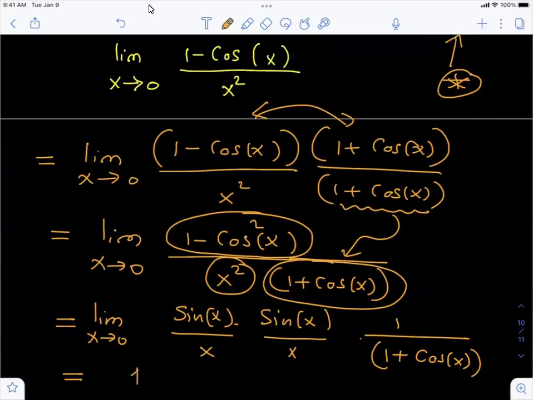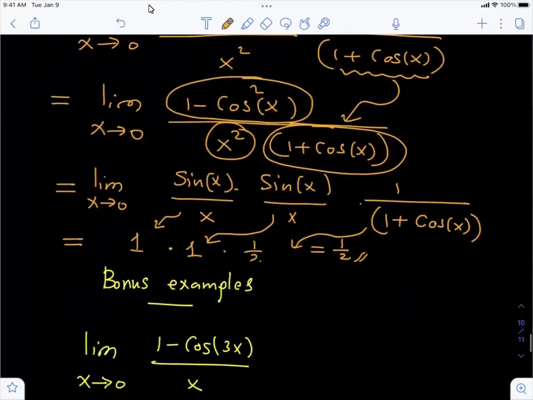So now 1 coming from this, and then the second one will give again another 1, and the third term will give you a 1/2. So when you multiply all of them together, you're going to get just 1/2. So now, these are a few meaningful dimensions of computations of trigonometric limits that you can think of.